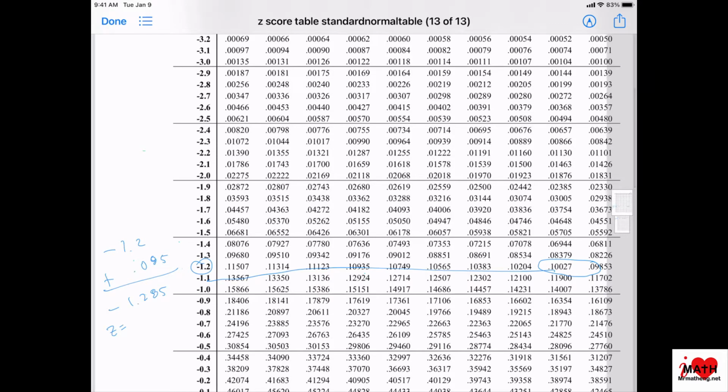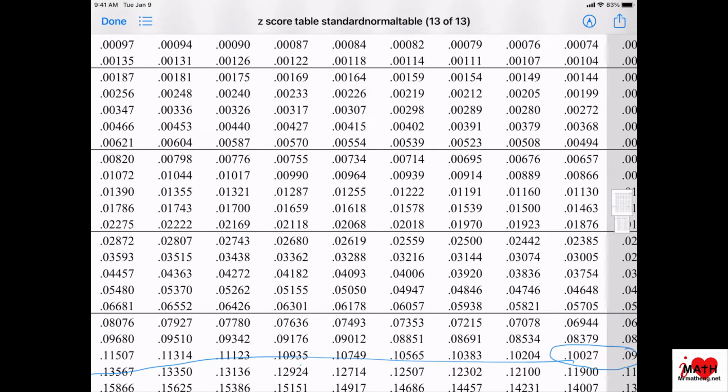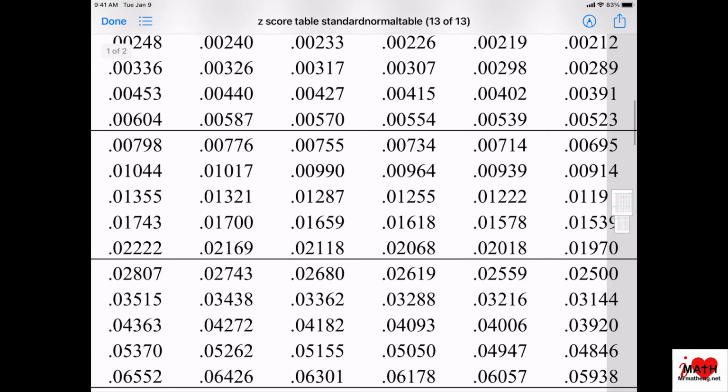Now, the tail, that shaded area, is to the left of the center, which means it's going to be a negative z-score. So let's go ahead and find 1%. 0.01. I am still looking, and I found here.